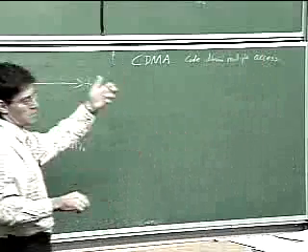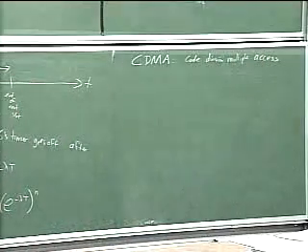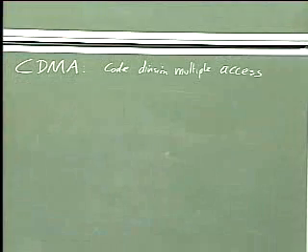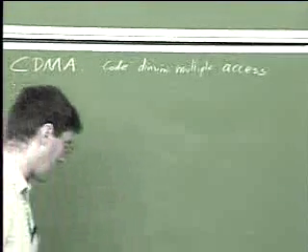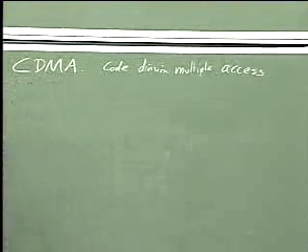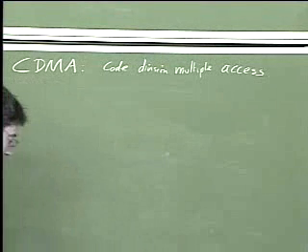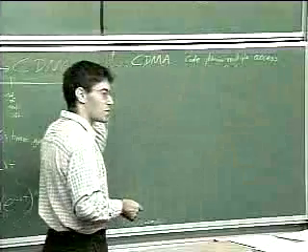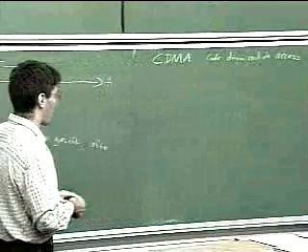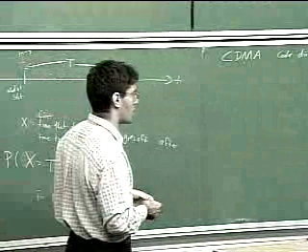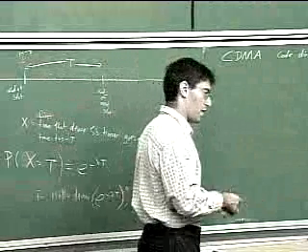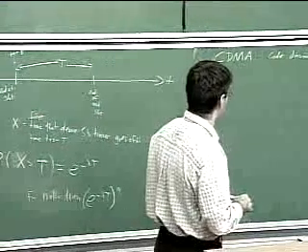Most cell phones have CDMA technology. There's a lot more to it. The advantages that the cell phone uses, it's harder to jam, it's harder to decipher, but we're not going to worry about any of that. We're going to look at how CDMA can be used to help devices transmit simultaneously on the same line.